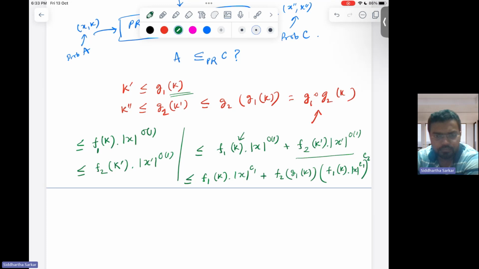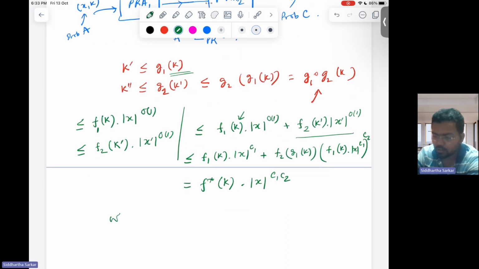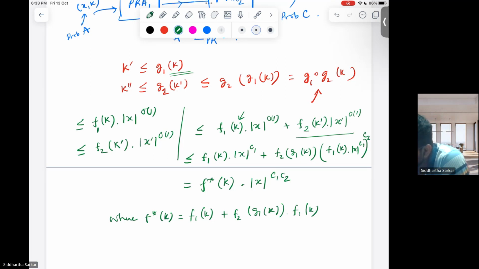So this turns out to be equal to some function f star of k times size of x to the c1 c2, where f star of k is f1 of k plus f2 of g1 of k into f1 of k, isn't it? In fact, it should be less than or equal to.